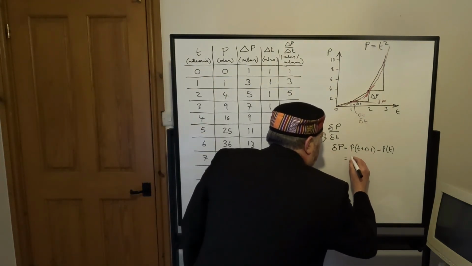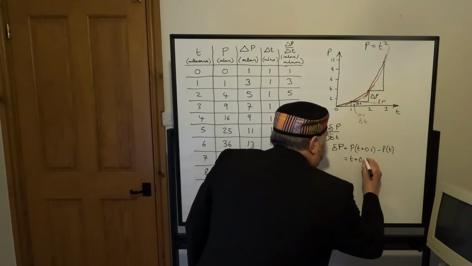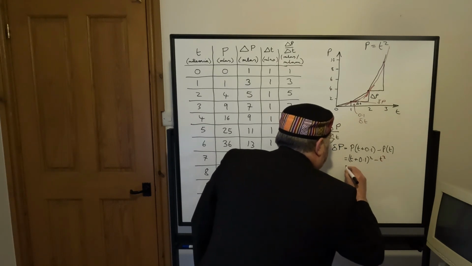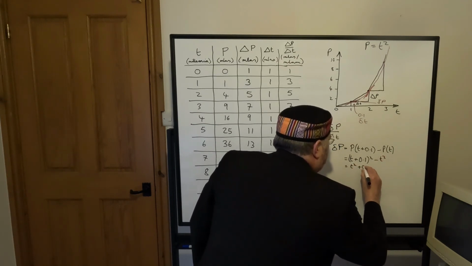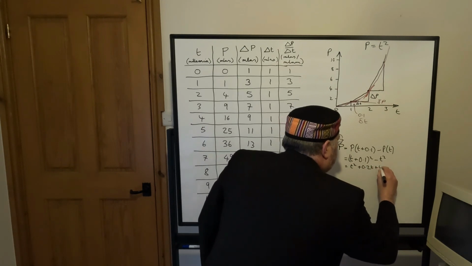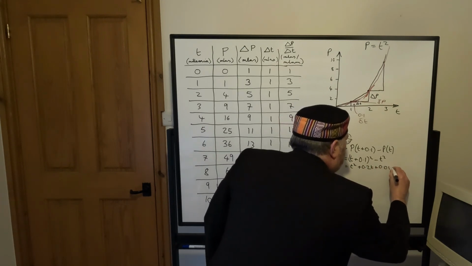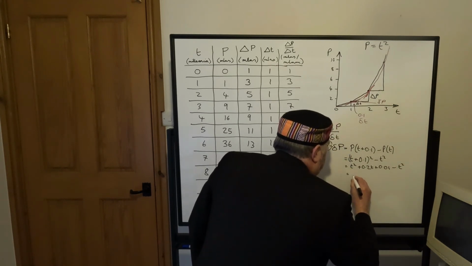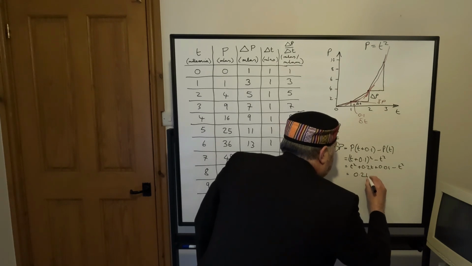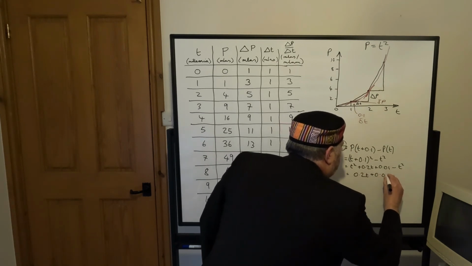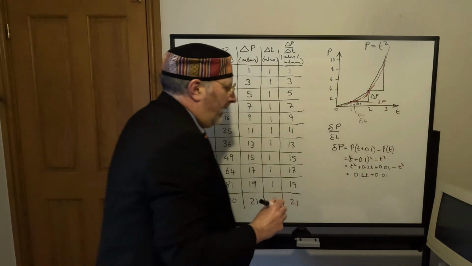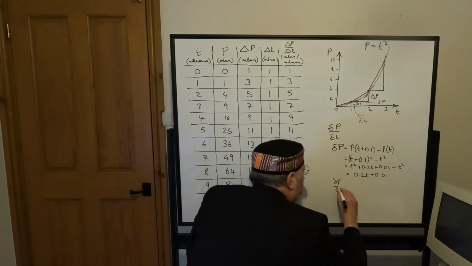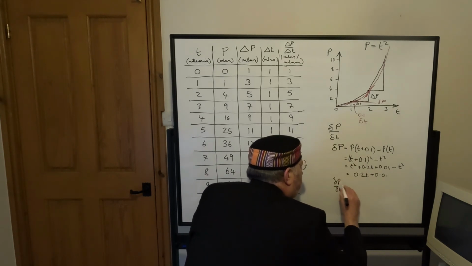And then just following through exactly the same as before, this is t plus 0.1 squared minus t squared, which is t squared plus 0.2t plus 0.01 minus t squared, which is equal to 0.2t plus 0.01. And lastly, we want delta p divided by delta t.